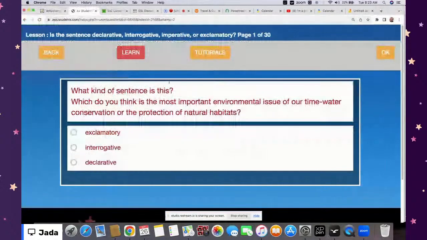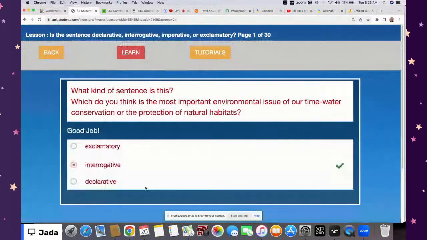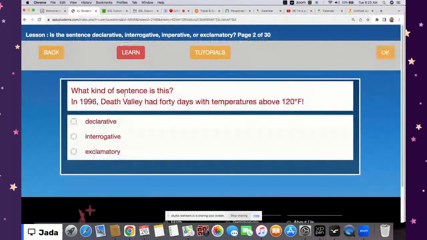All right. So we got interrogative here at the second. In 1996, that valley had 40 days with temperature above 120 Fahrenheit! So you can try.